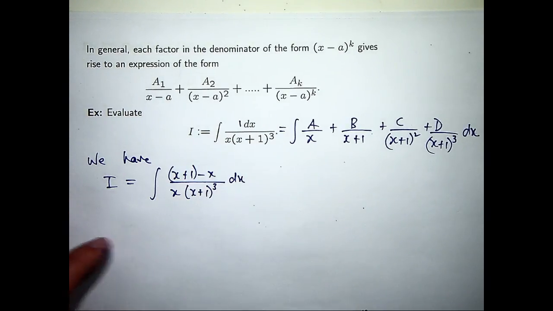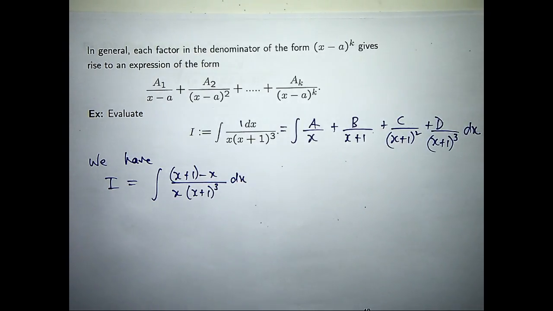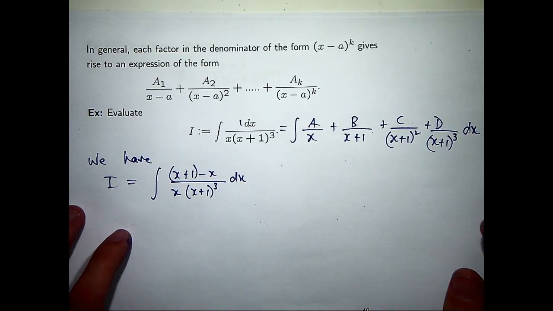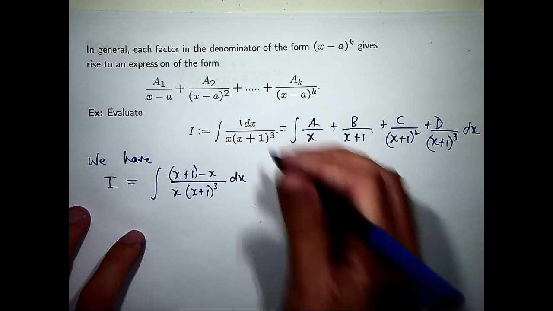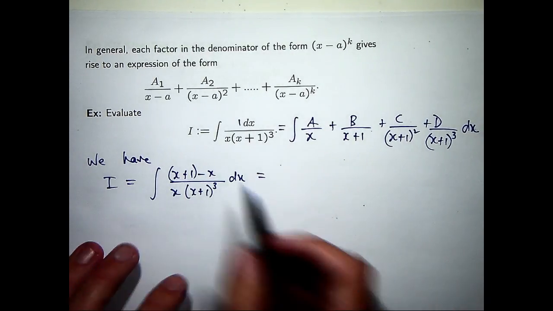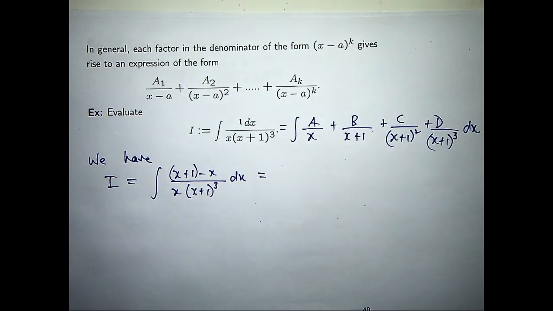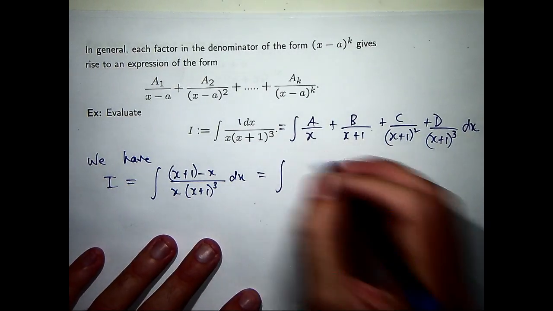So I can break that up into 2 bits and get some cancellation right away. When you break that up, you're going to cancel off the x's and the x plus 1s. And you're going to get something like this.